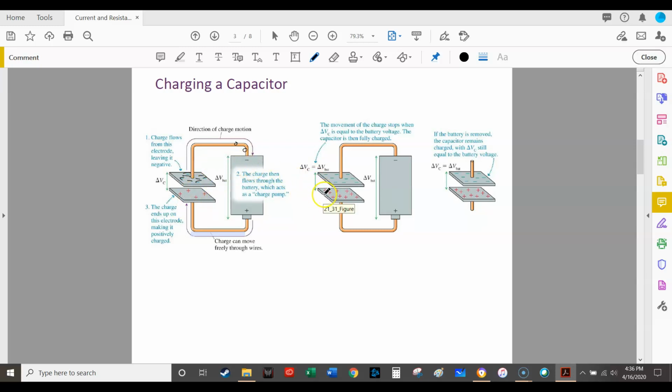The electric field points away from a positive and towards a negative, so it is going to be pointing up and equally spaced, from positive to negative. That is what a capacitor does. That's its job.